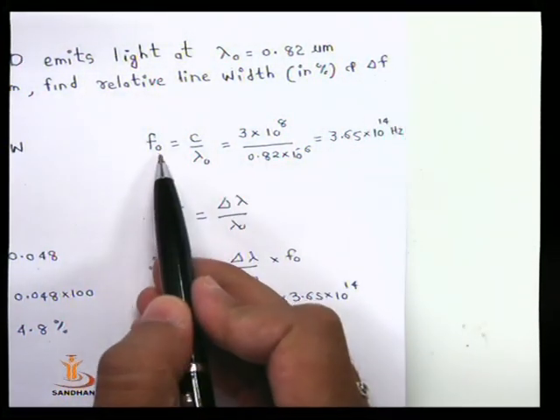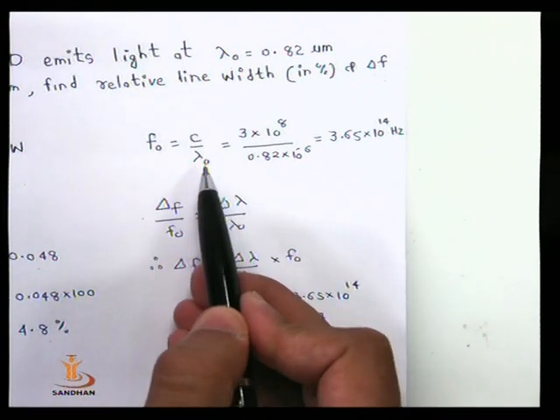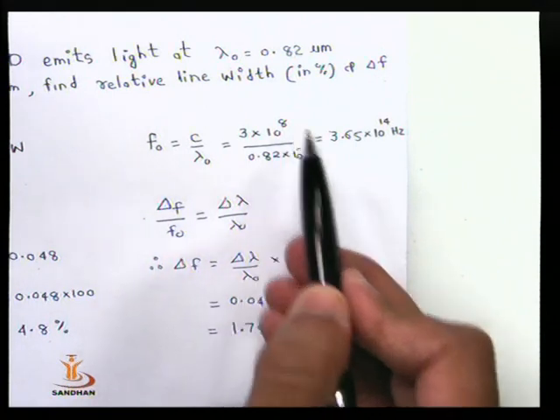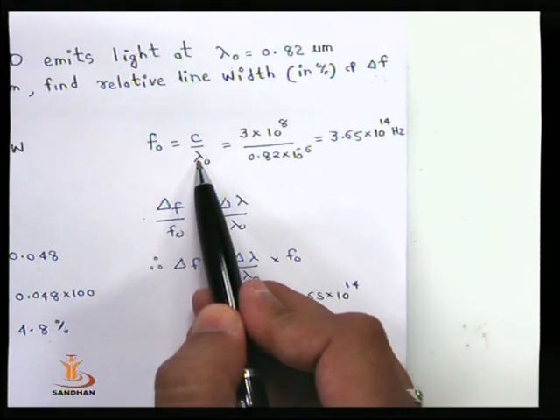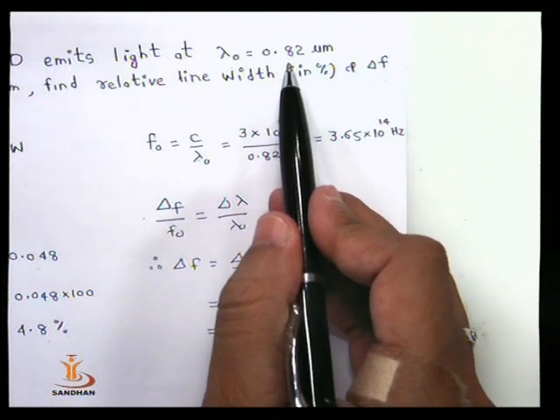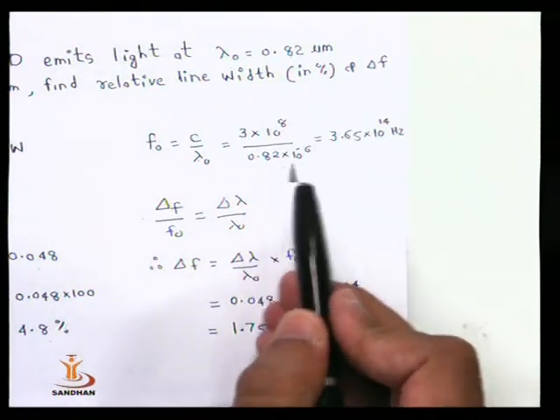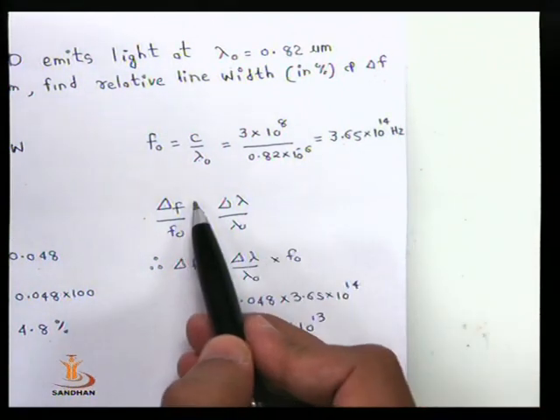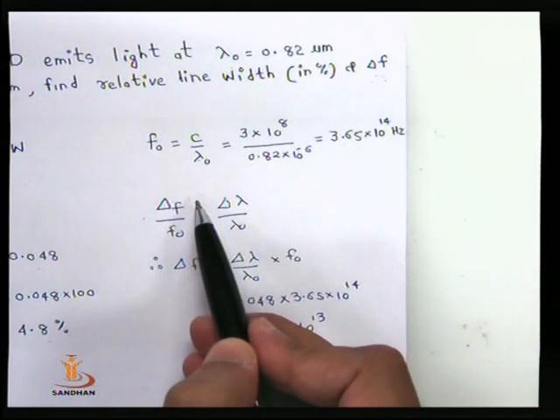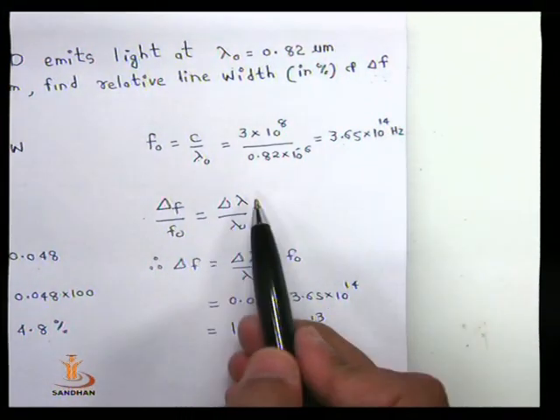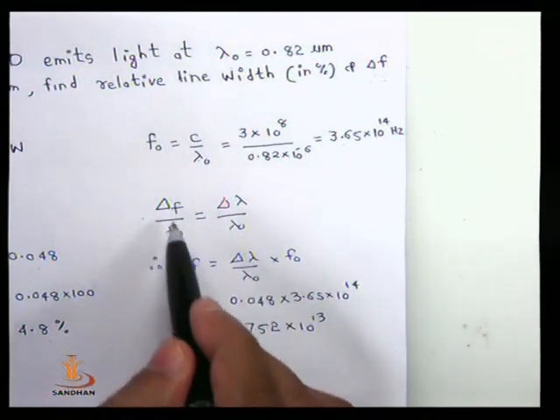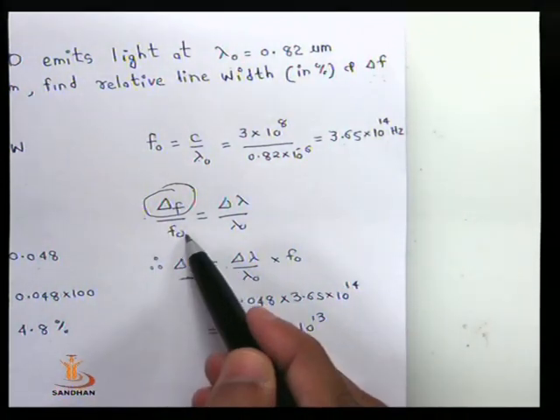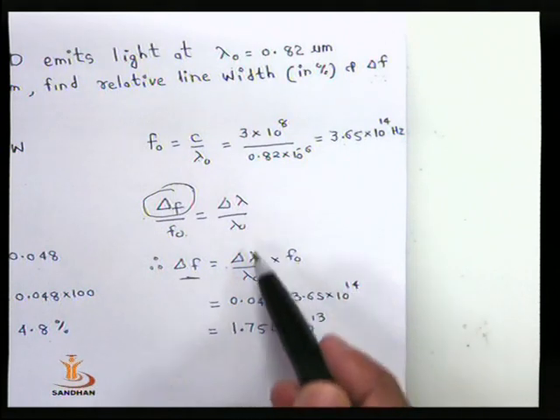So we can use the formula f0 equal to c by lambda 0. C is the speed of light in a vacuum, 3 into 10 raised to 8, divided by lambda 0. Lambda 0 is given in our numerical as 0.82 micrometer. So it becomes 3.65 into 10 raised to 14 hertz. Again we can use the basic formula del f by f0 equal to del lambda by lambda 0. So write down equation 4: del f equal to f0 times del lambda by lambda 0.